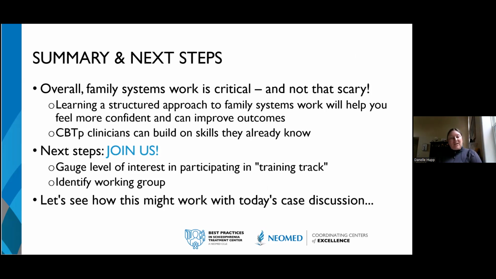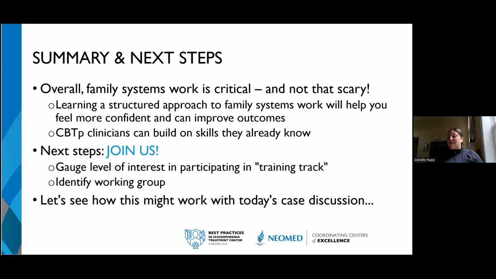But if you are given some of that guidance, some of that structure in how to approach these conversations with individuals, how to approach family systems, you can feel a lot more confident and competent in this area if this wasn't part of your training. So, we're hoping to provide a structured approach to this family systems work. And really, as Brian said, building on skills that you already have.